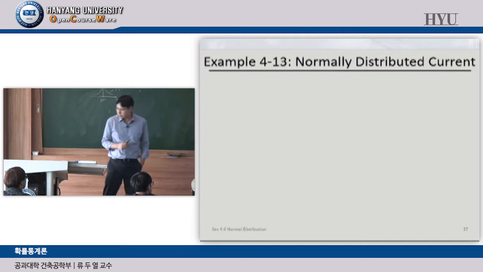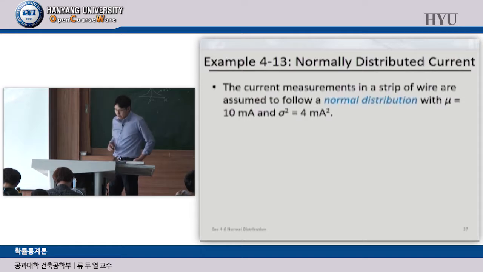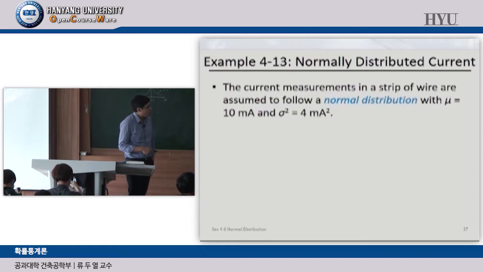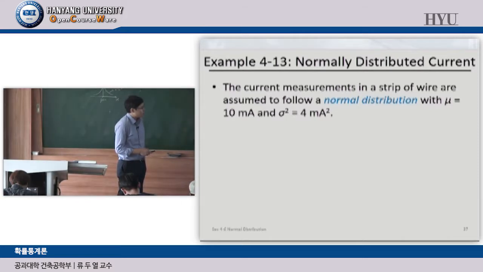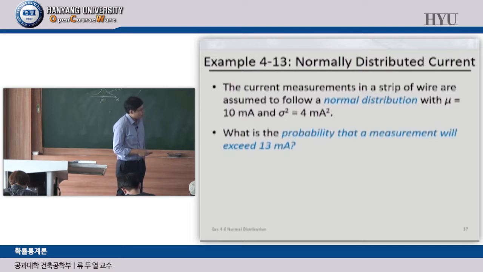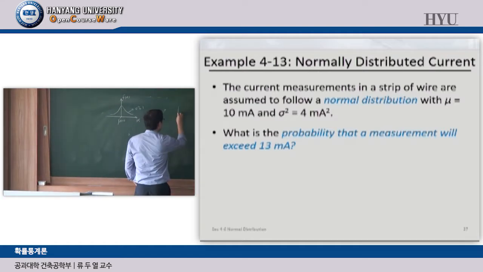So this is the example. For the normally distributed current, the current measurements in a strip of wire are assumed to follow a normal distribution with mu equal to 10 milliamperes and sigma squared equal to 4 milliamperes squared. What is the probability that a measurement will exceed 13 milliamperes? We have to calculate the probability of X when X is larger than 13.